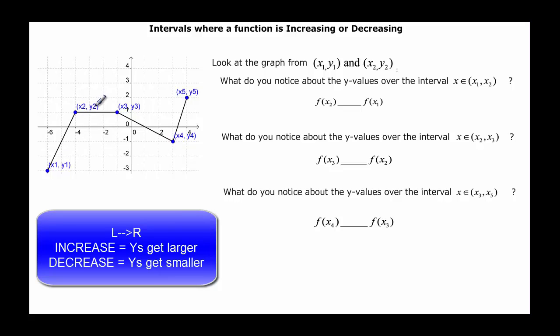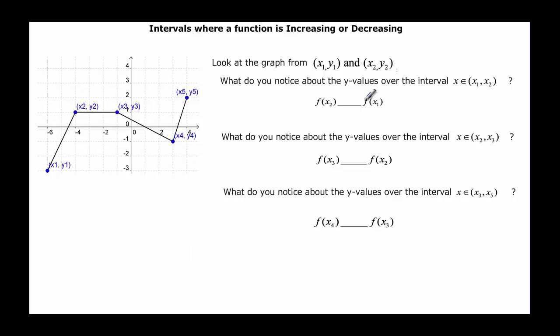So when I look at y2 compared to y1, which is really what this is saying, the output of x2 compared to the output of x1. The output of x2 looks like it's 1, and the output of x1 looks like it's negative 3. Then we would say that f of x2 is greater than f of x1.